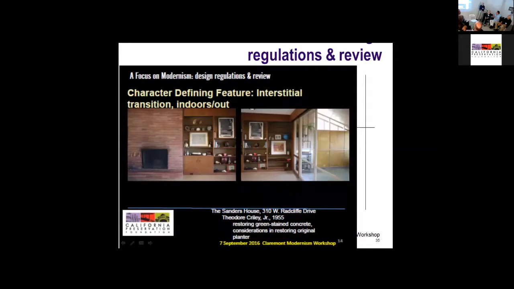Another area of this that is kind of interesting is that the history of a building evolves. And so sometimes when you're looking back, you don't necessarily want to go too far back, because there might be something that happened, an addition, that could be considered significant now based on when it was done or who did it.